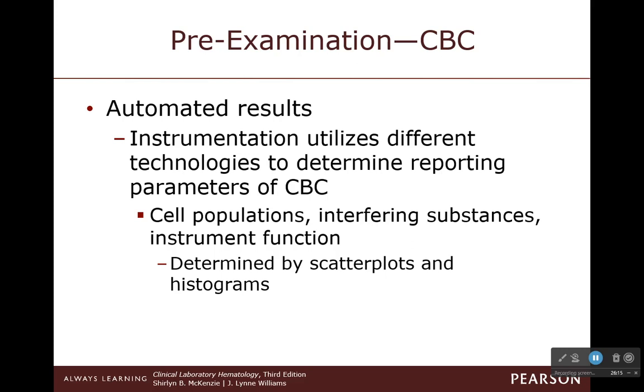Most of the time it's like a number of cells, okay, versus size of the cells, okay? So what you're going to see is a graph that's going to look like this, okay, on your machine.